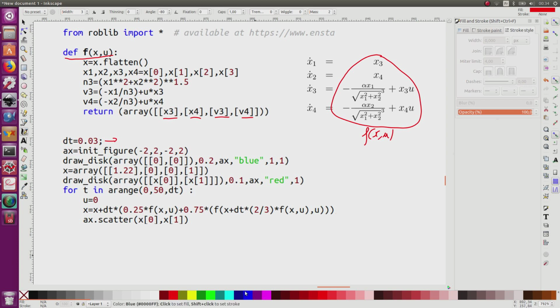I draw a figure with here representing the Earth, and here the initial condition x at time 0, the initial point for my satellite.